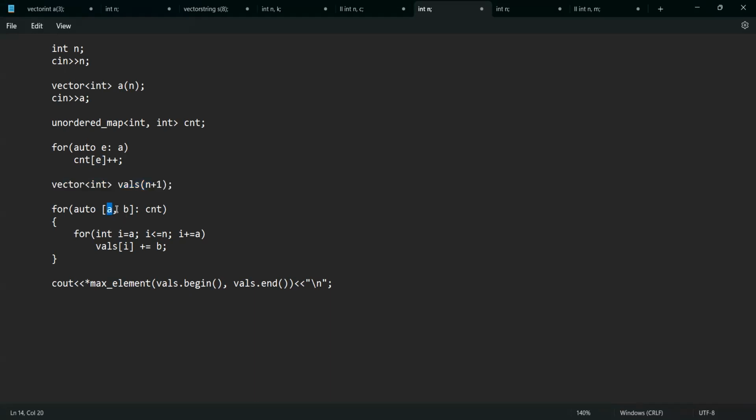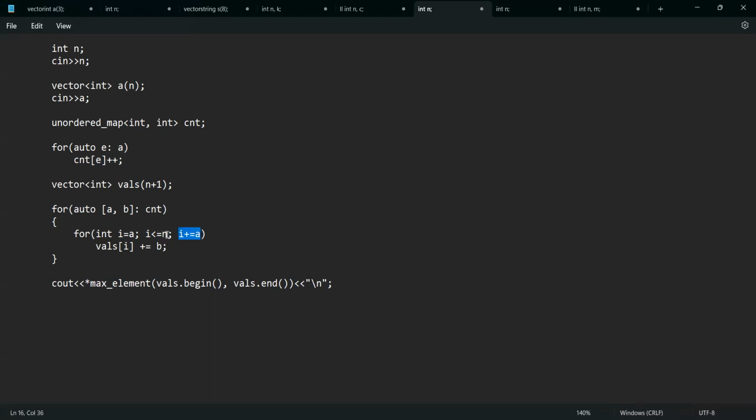And then for each value A in my array, and B is the count of it, how many times it has appeared, I'm starting from A, and I'll keep moving A times ahead.